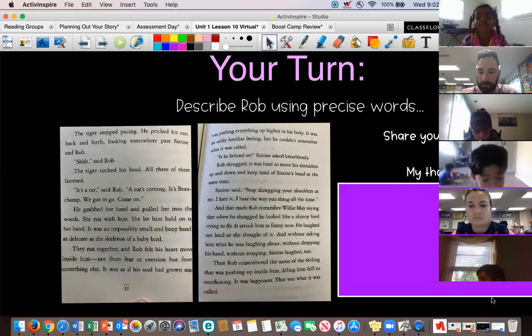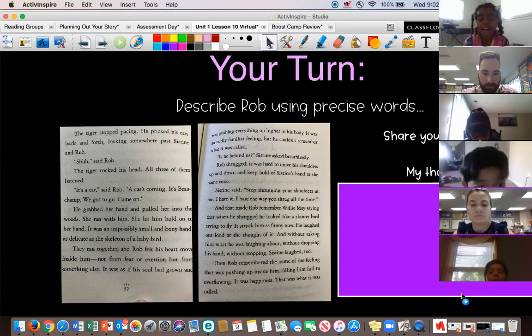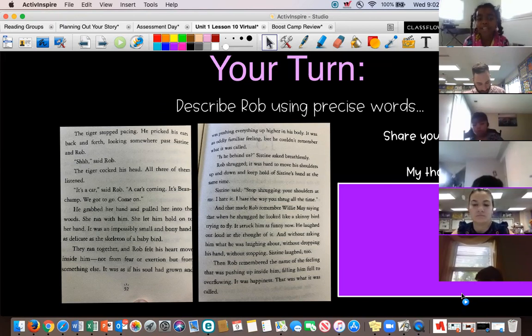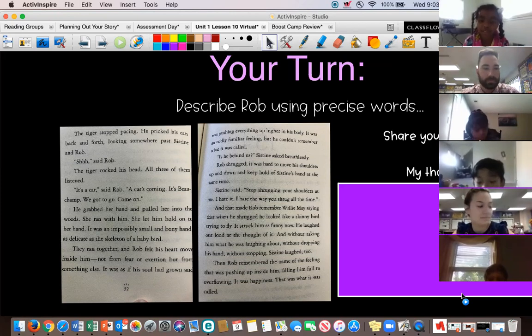He didn't know what it was named, but then he named it, and it was named happiness. And he was thinking about how he just wanted to laugh. He wanted to see if Sistine would laugh with him, and he really wanted Sistine to be his friend, because he really doesn't have other friends.